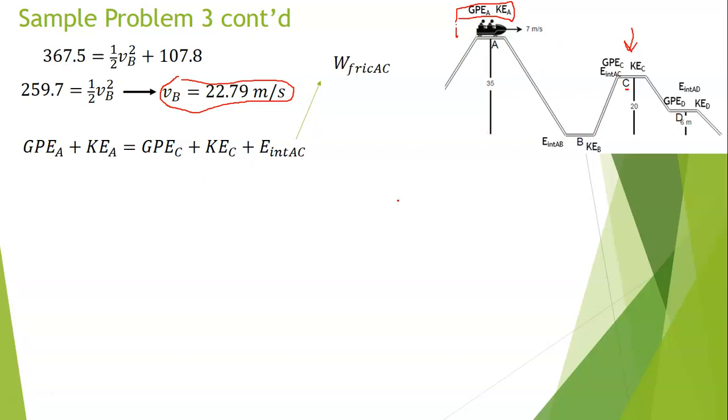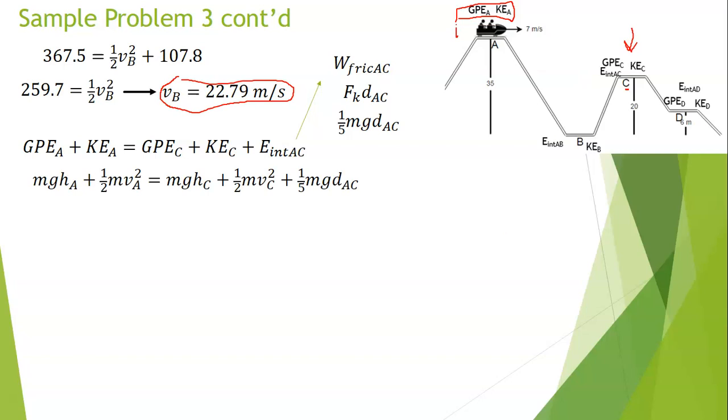And the internal energy will be equal to the work done by friction between A and C, and that'll be the force due to friction times the distance between A and C. Remember, this distance was equal to 55, and then this distance was equal to 30. So you just have to add those two together eventually. So the internal energy is going to be 1/5 mg dAC.